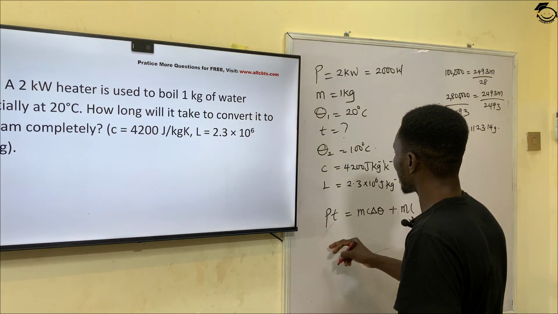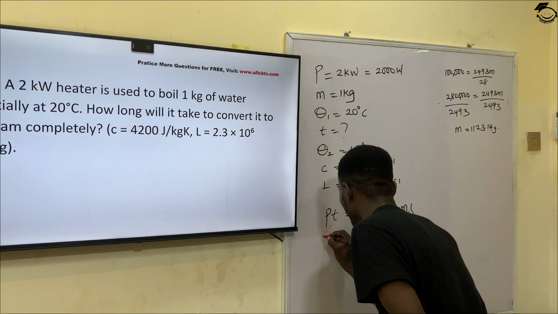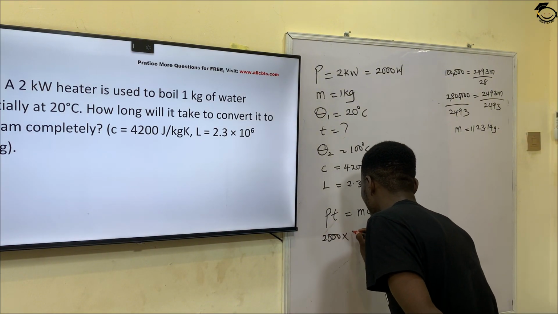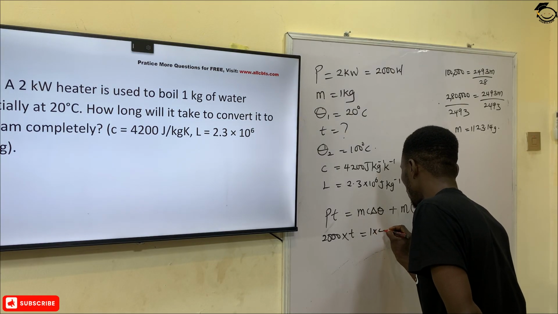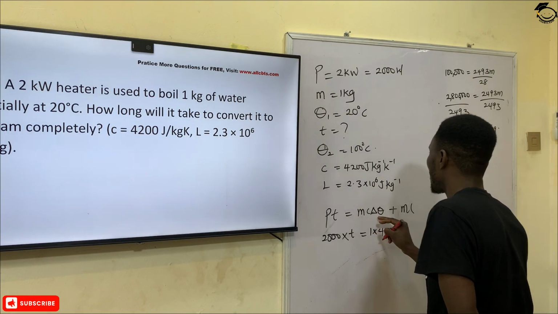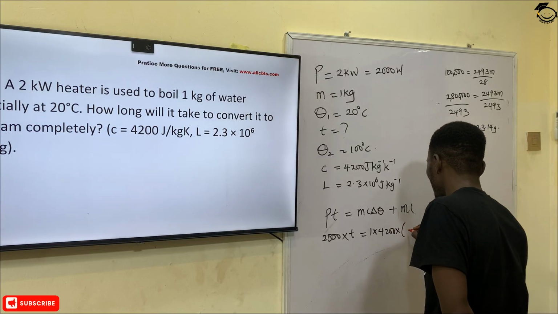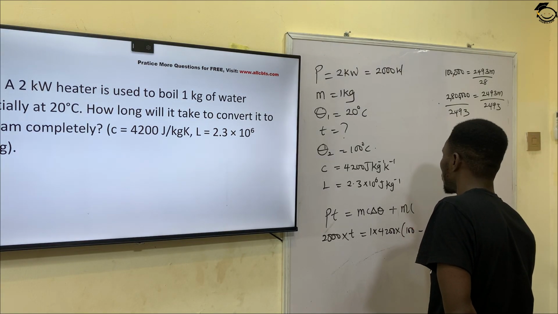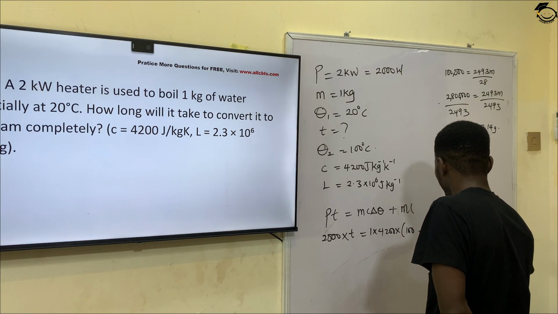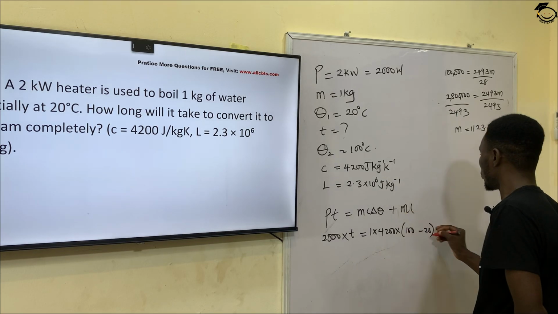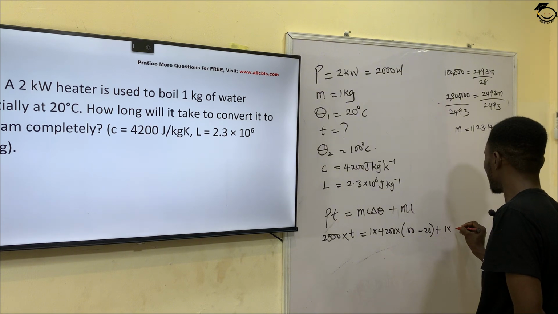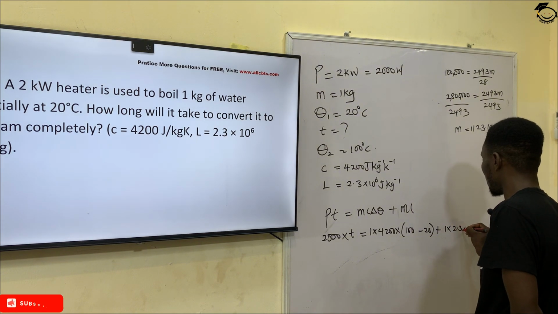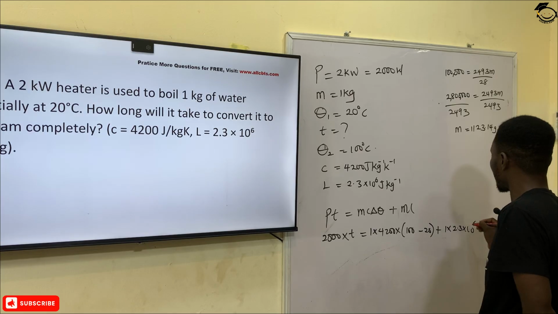So this means that what I'll be having here is 2,000 times T is equal to the mass that was used, which was 1, times 4,200 times my change in temperature, which is 100 minus 20, plus the mass that was used for converting it to steam, which is 1, times the specific latent heat, which is 2.3 times 10 raised to the power 6.